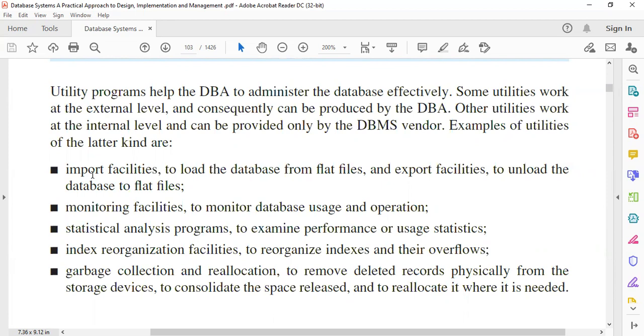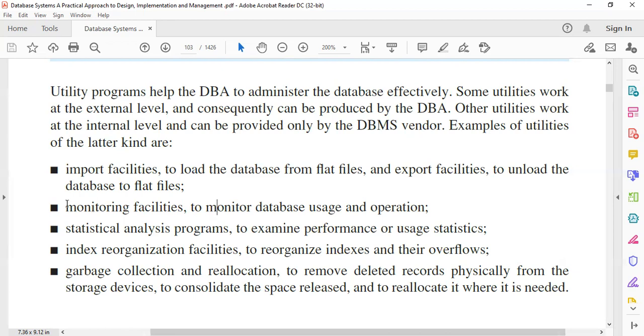So the DBMS will provide these facilities to import data from flat files, and also to export data into flat files for future use. For example, I can get some data from the system, save it as an Excel sheet, save it as a Microsoft Word document, and so on. That one is provided for by the DBMS.